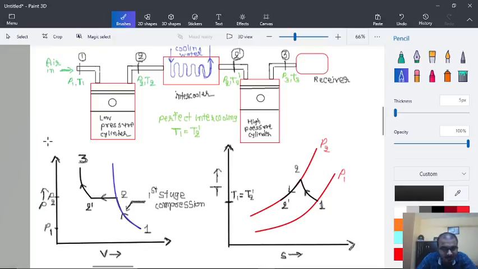Here this is P3, and we can say this is the second stage compression.